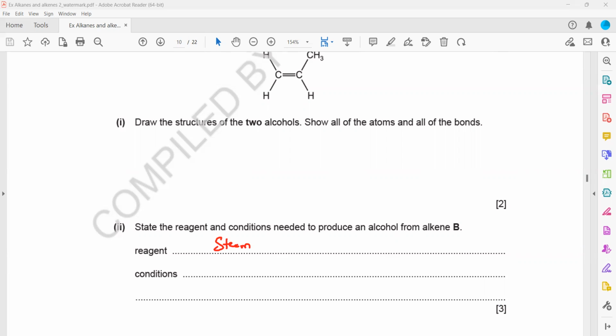Usually it's 300 degrees centigrade and 60 atm, not 600 atm. You wrote 6000 kPa, okay, you're right in pascals. That's fine. The temperature for this reaction should be 300 degrees centigrade, and phosphoric acid is the catalyst.